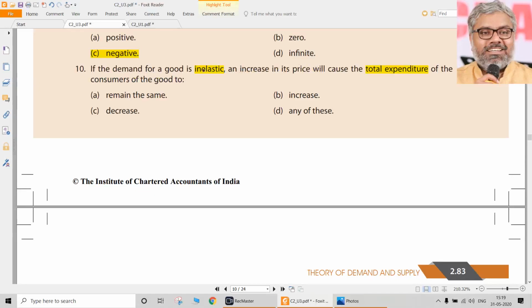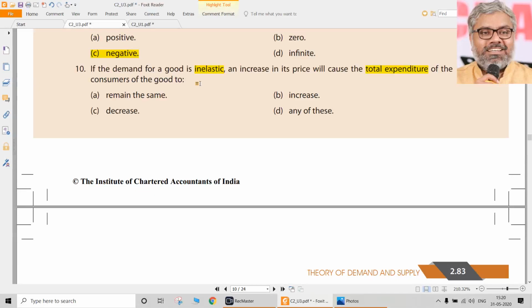But when the demand is inelastic, in that case, there is an increase in price. What happens to the total expenditure of the consumers, he is asking. Definitely it will not remain the same, because if it remains the same, then the elasticity is equal to 1. That is unitary elastic. In other words, the total expenditure will not change only when a particular product has a unitary elasticity, meaning equal to 1.